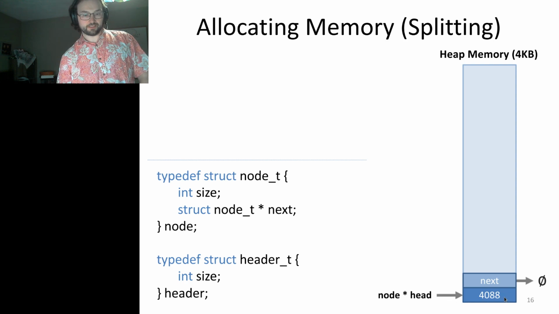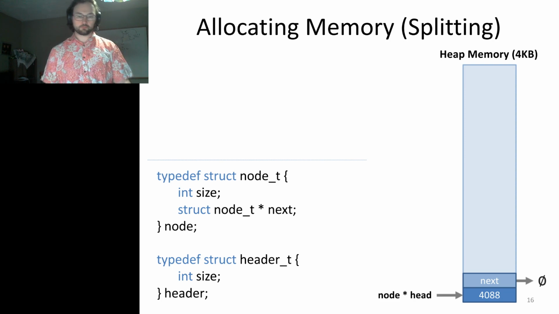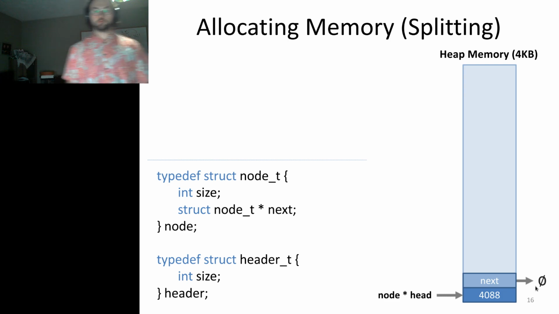That node has a size listed as 4088, so that's 4096 minus 4 for the size field that we are required to have. So it's 4088 bytes of memory available to satisfy a malloc request. And then the next pointer points to null, indicating end of list. We have one item on our free list, which is the entire heap, which is one page.